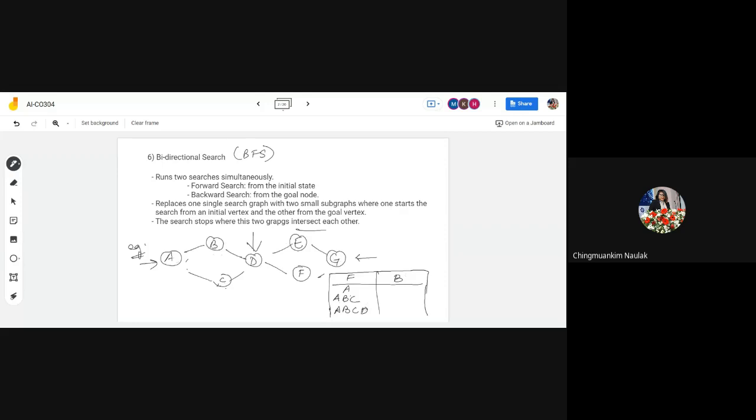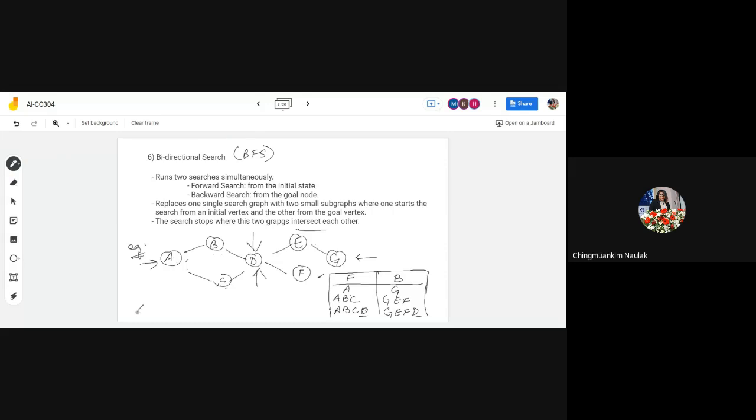So goal state G, and then G has adjacent nodes E and F. After G, you explore for E, and it has adjacent node F. So G, E, F, D. And D is the intersection point of this graph. So you'll stop here.